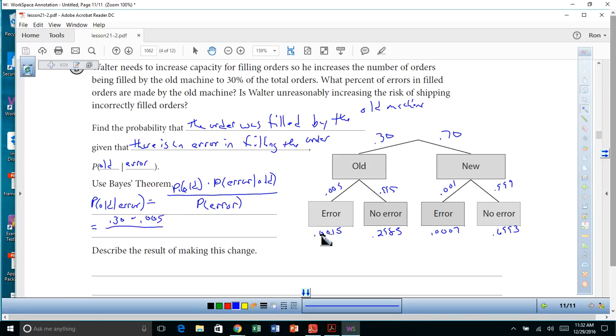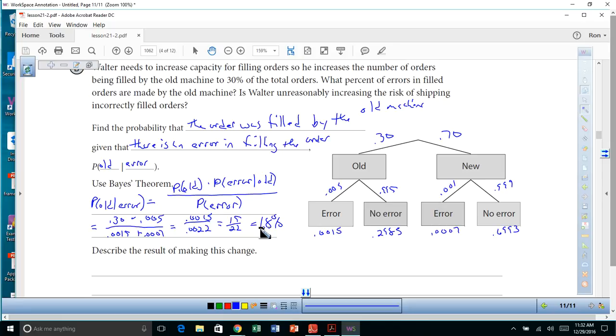That's 0.0015 plus 0.0007. So we have 0.0015 divided by 0.0022. That's 15 over 22, which is 68%.